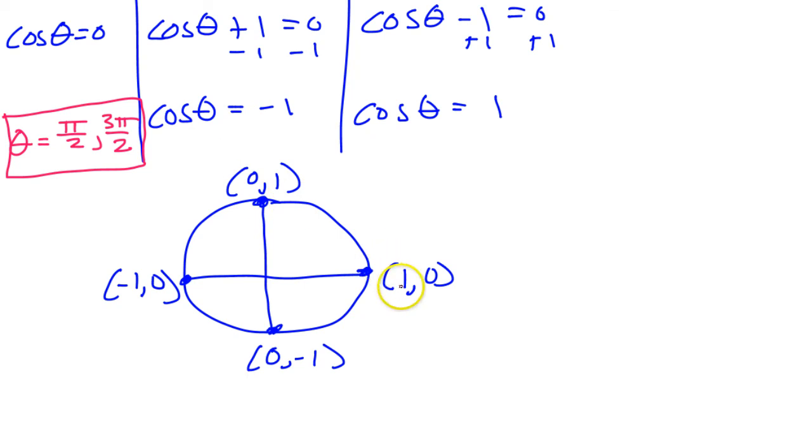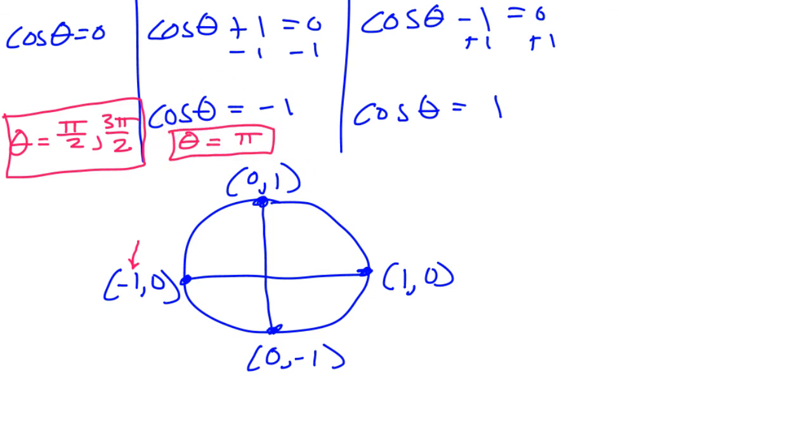So again, I'm looking at the x values and I'm looking for -1. No, no, yes, no. So this is the only place where I have a cosine that equals -1. So this angle is pi. So I have theta is equal to pi. So I have another solution.